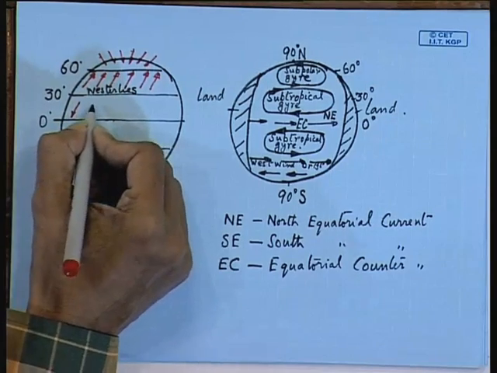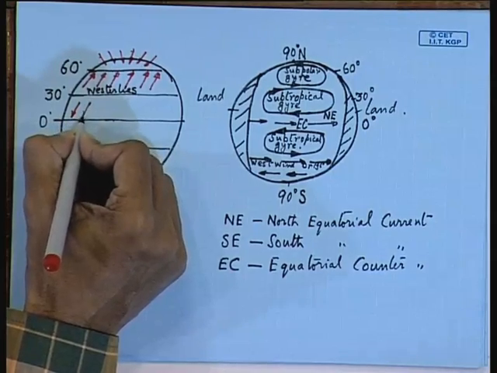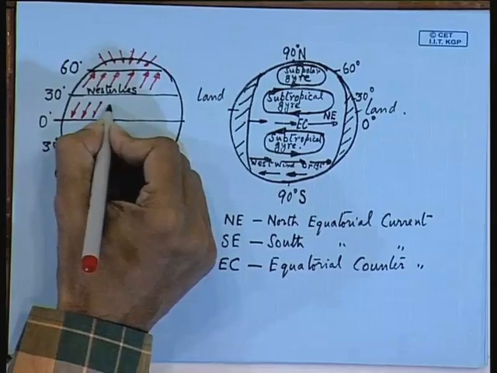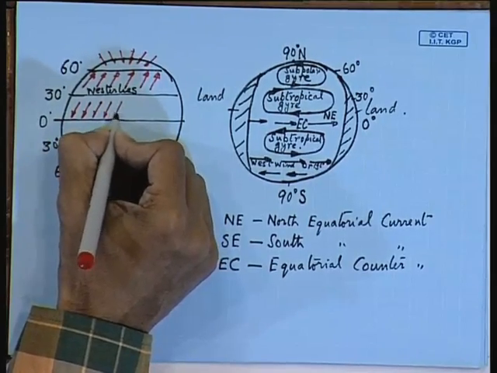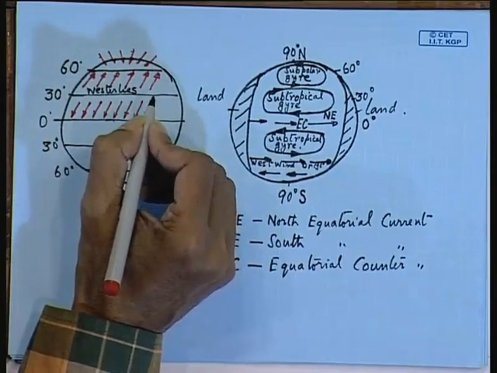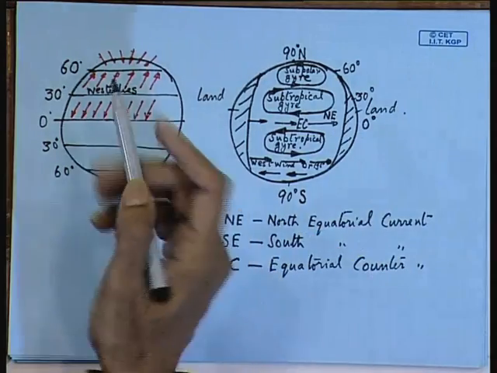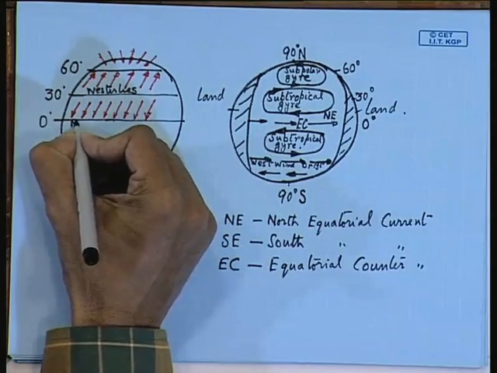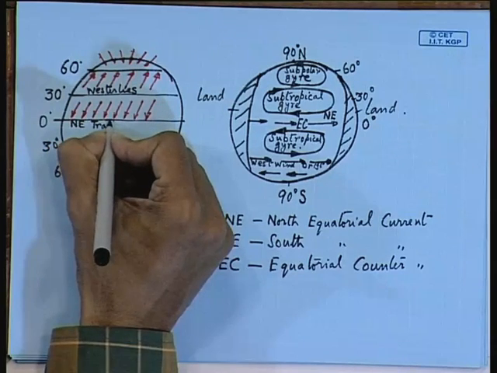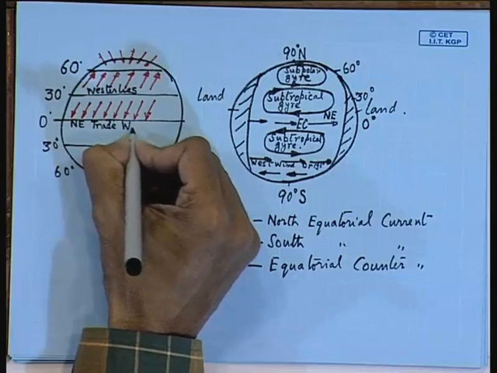So, these are called northeast. Anyway, so this is coming from the north. These are called northeast trade winds. That is, the ships used to trade in these routes. So, they are called northeast trade winds.